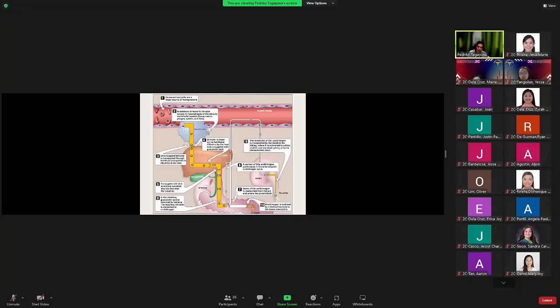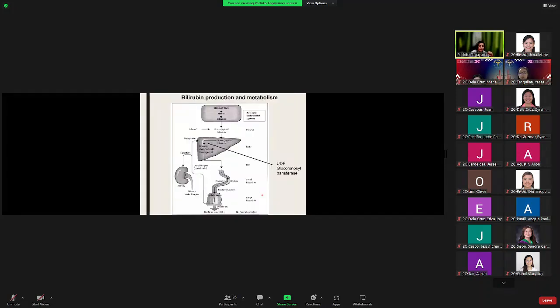Some of the urobilinogen will go to the kidneys, where it is converted to urobilin, giving the yellowish coloration of the urine, the characteristic color straw to yellow. This is another circulation, pareho lang naman ito.